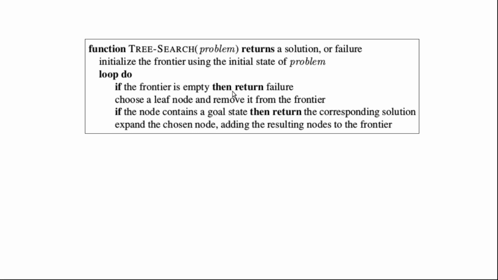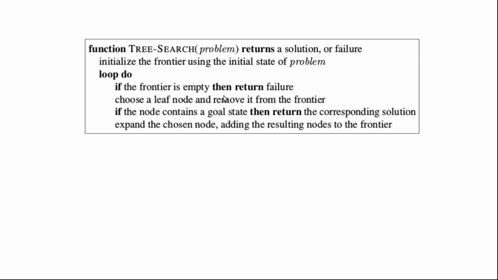And the other way we can exit this loop and also return from this function is when we find the goal state, then we'll return the solution. So we can return from this function either as a failure or after we find the goal state, that is, we have found a solution. And this loop continues until one of these two conditions occur.